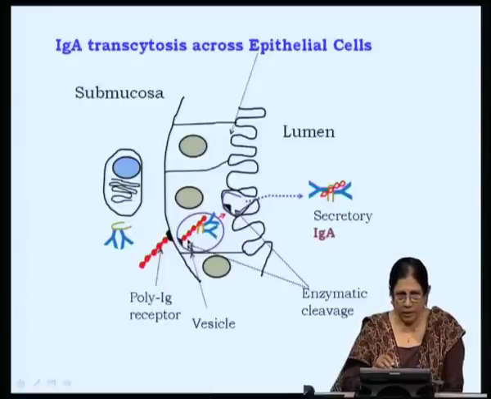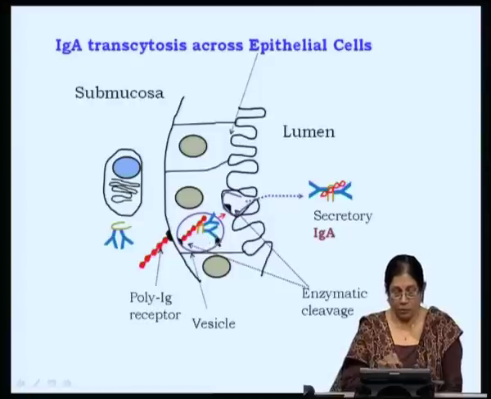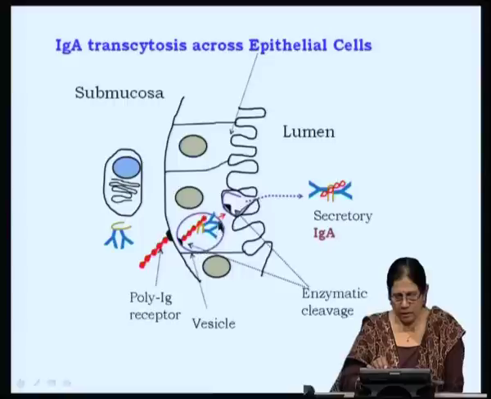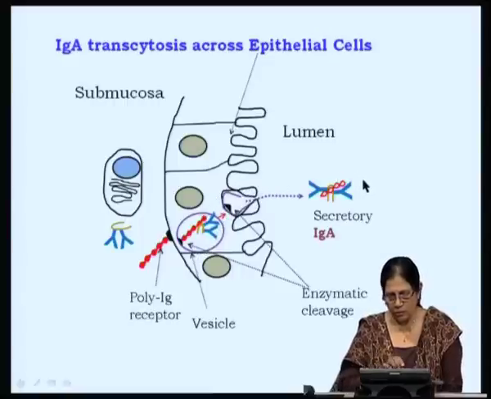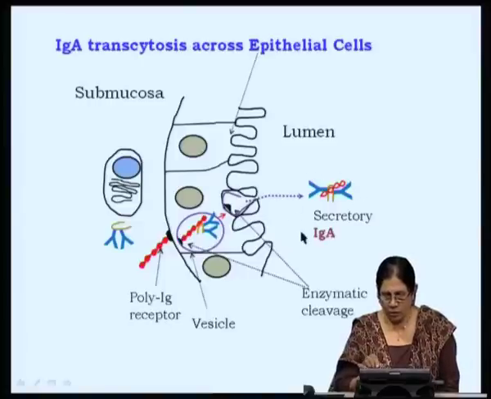This is the site where cleavage takes place, and now the cut end, the loose end, can wrap itself around the entire molecule, finding a binding site on the other monomer of the dimer. Now, this complex through receptor mediated exocytosis is thrown out, and you have this dimer of IgA, which has the J chain and the secretory component.